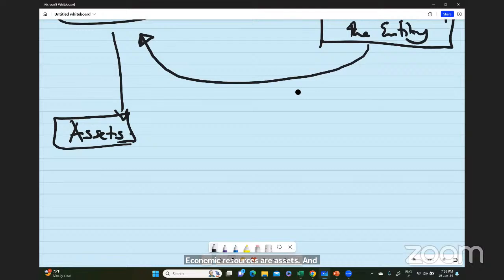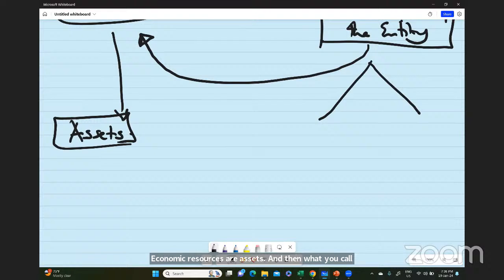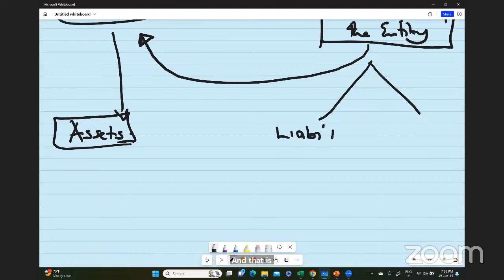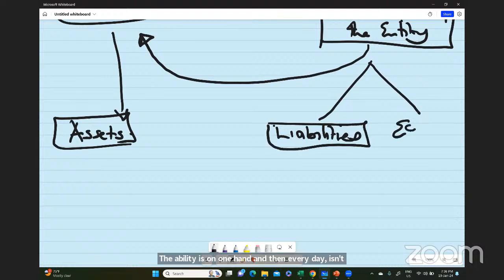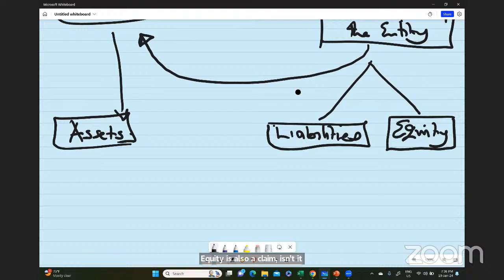And then what we called claims, we said that these claims can be in twos, and that is liabilities on one hand, and then equity. Equity is also a claim, isn't it? Both liabilities and holders of equity have a claim on the company's assets. Are we together?